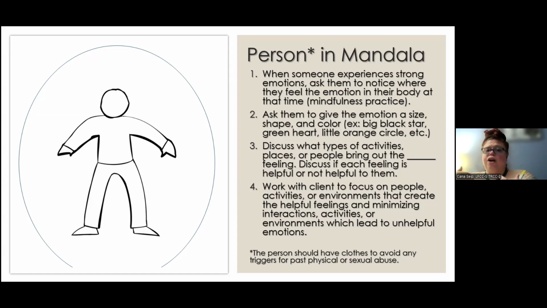And we discuss whether or not a feeling is helpful or unhelpful. And then we work with the client to focus on people, activities, or environments that cause them to feel more of the helpful feelings and less of the unhelpful emotions. We want to minimize the interactions or environments that lead to the big unhelpful emotions.